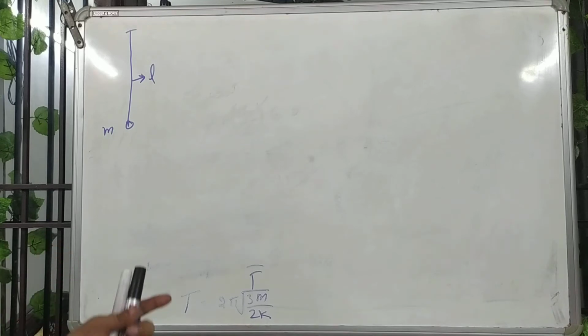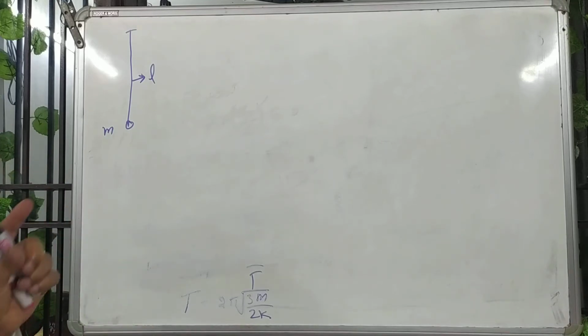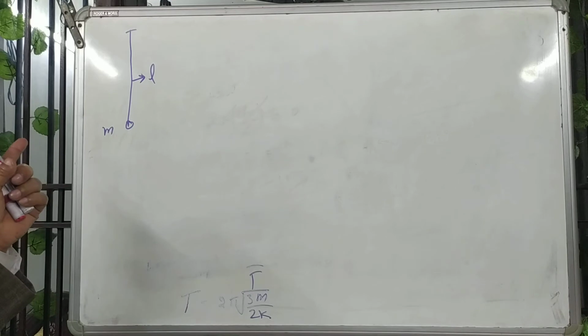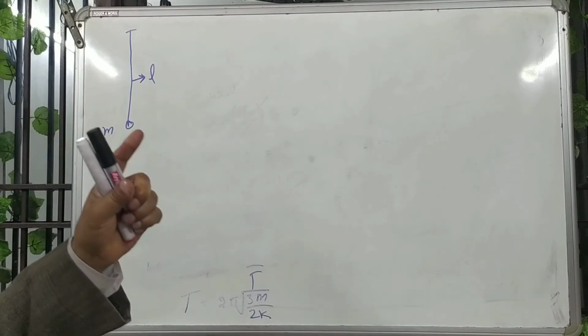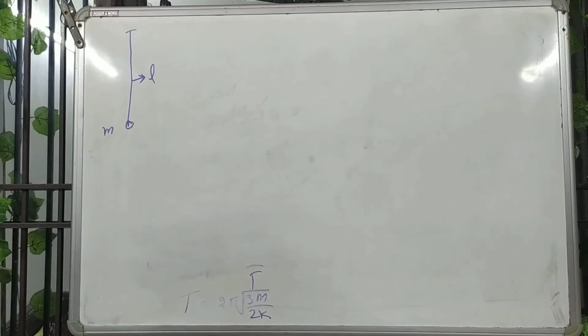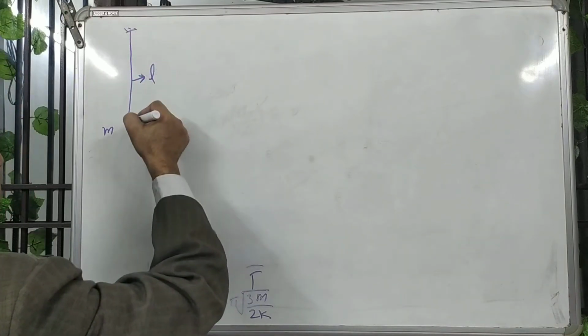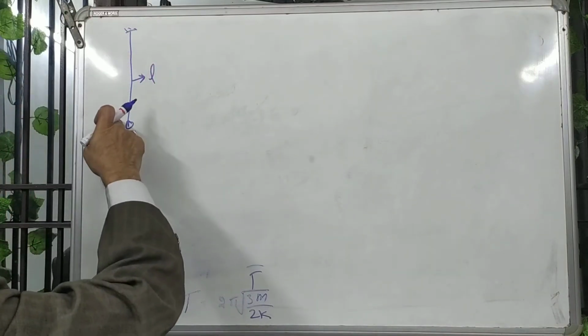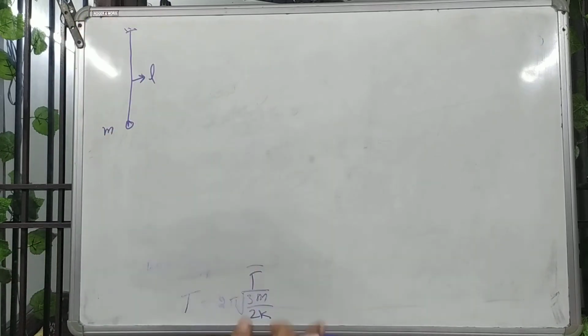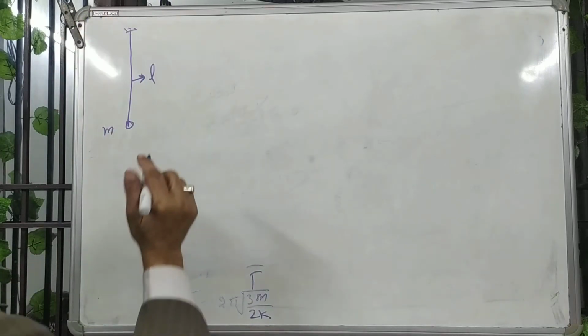So due to cold, the length of the pendulum reduces by 2%. This pendulum is metallic, and the length of the pendulum decreases by 2%.